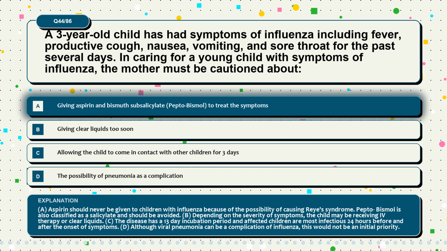B. Depending on the severity of symptoms, the child may be receiving Roman 4 therapy or clear liquids. C. The disease has a 13-day incubation period and affected children are most infectious 24 hours before and after the onset of symptoms. D. Although viral pneumonia can be a complication of influenza, this would not be an initial priority.